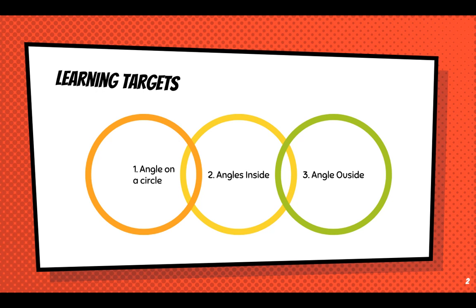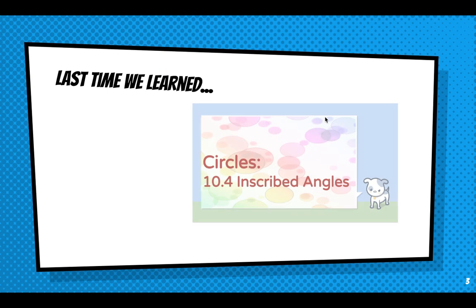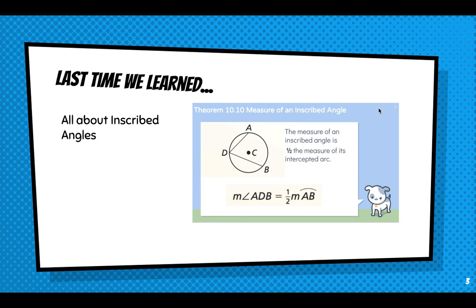Okay, here we go. Last time, remember, we had this very nice presentation that I put together on inscribed angles. We learned a lot of key terminology, and there was one really major theorem that we learned. It was this situation where you have a circle, circle C, and an angle, angle ADB, an inscribed angle, meaning the vertex is sitting right on the circle.